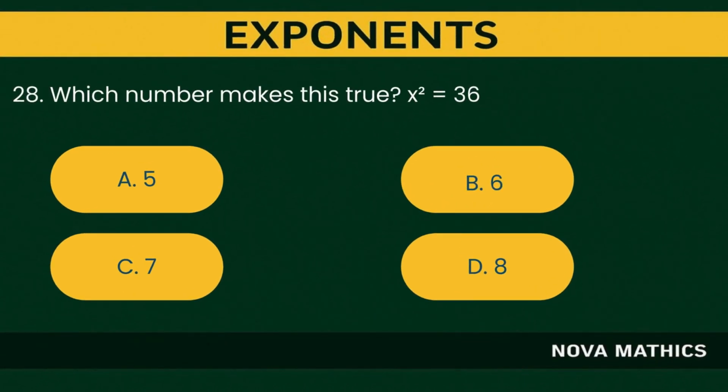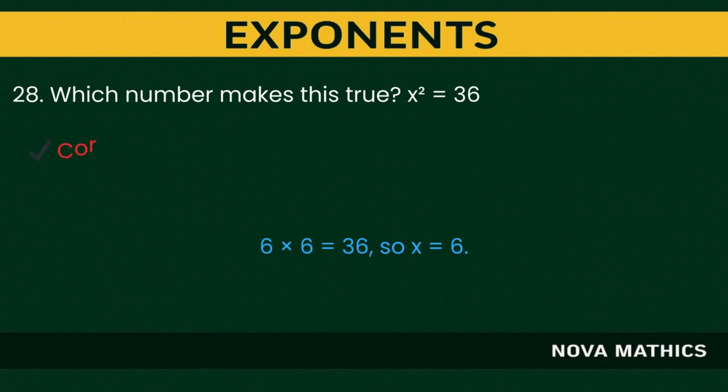Which number makes this true? X to the power of 2 equals 36. Correct answer is 6. 6 squared equals 36, so the answer is 6.